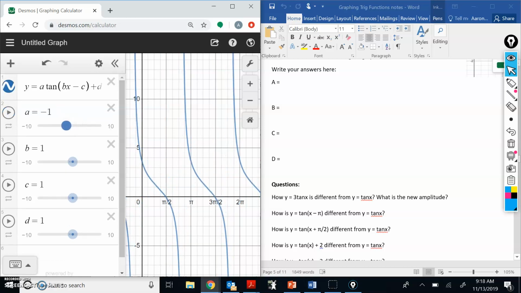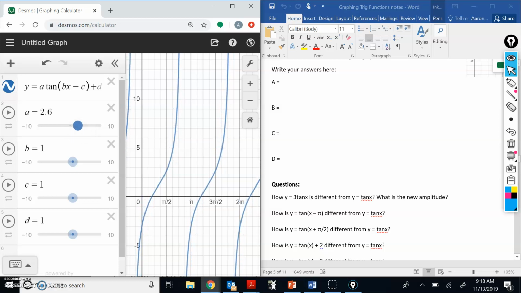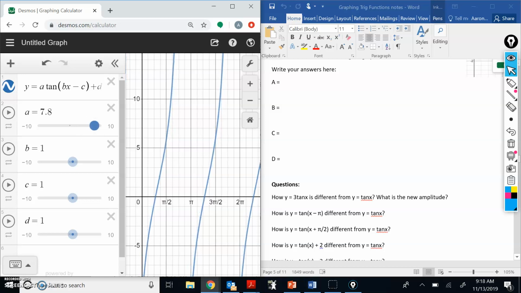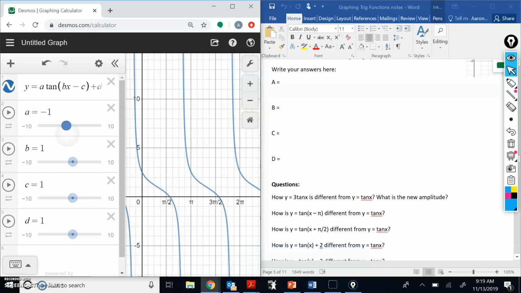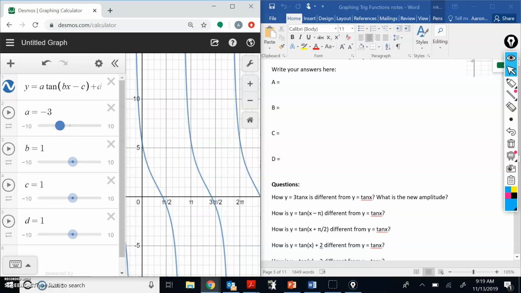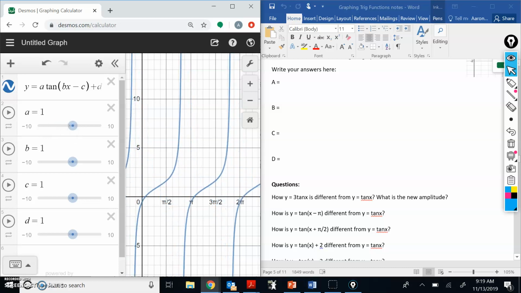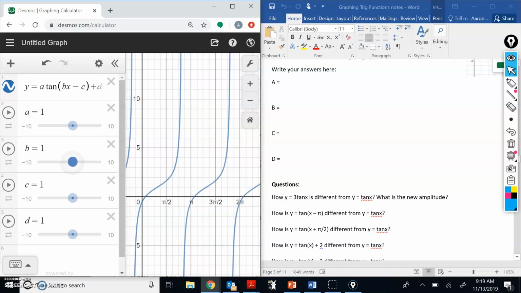So I'm going to add all the sliders. Changing A. This changes kind of like the slope. So as A gets a little bigger, it kind of straightens out. Negative, it flips the other direction. It's a reflection. And then as more negative we get, it straightens out again. B, kind of crazy.